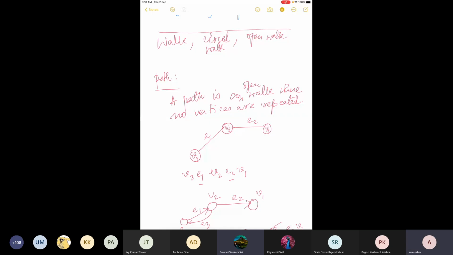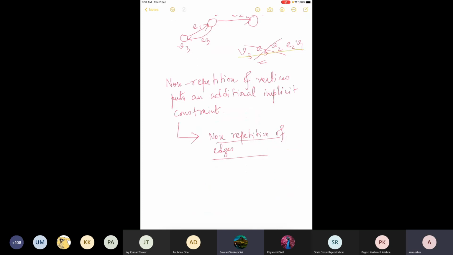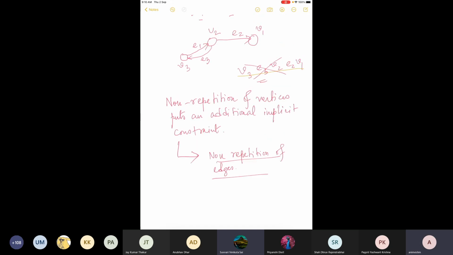Sir, you said it is necessary to mention the edges in directed graphs. But by the direction of the arrow, we can see that if we write V3, V2, V1, then there is only one directed edge. Will that create any confusion? Yes, because there are two edges between V3 and V2. Which one are you referring to?